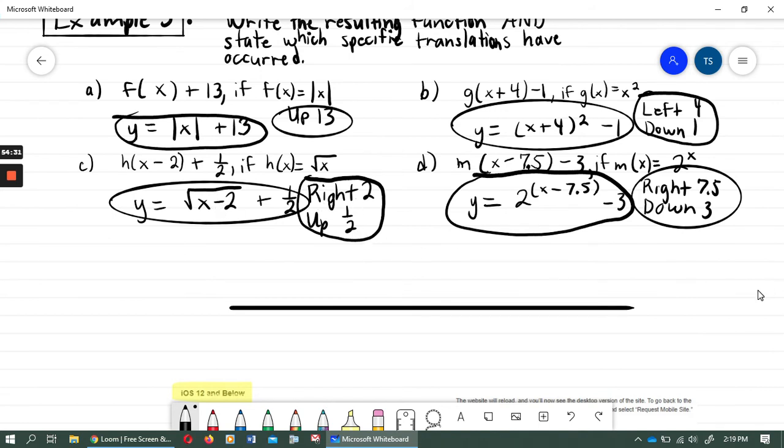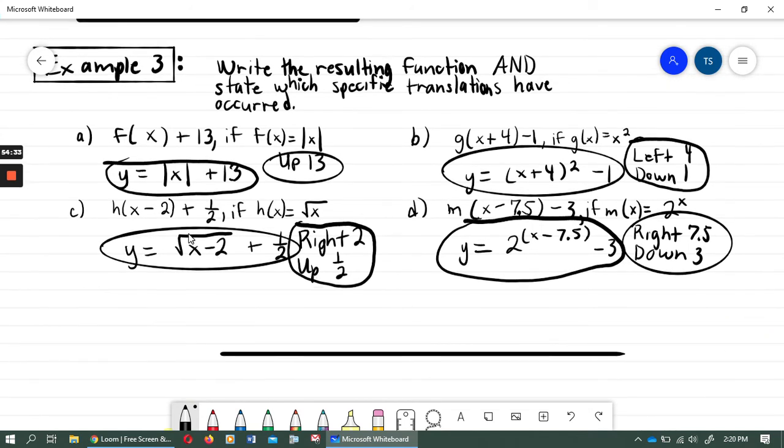That's going to be moving right 2, and it's going to be moving up 1/2 unit. Okay, based on the adding 1/2 on the outside.